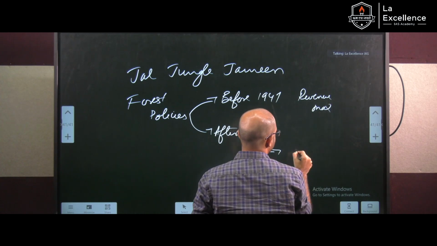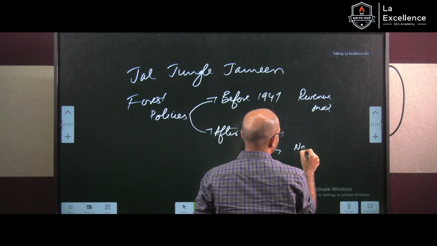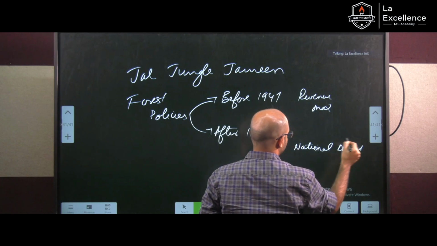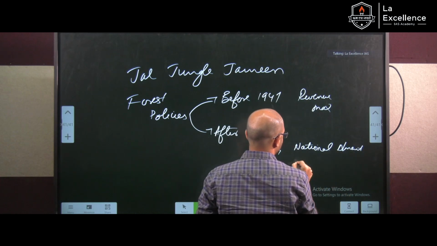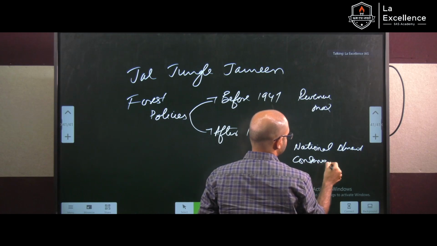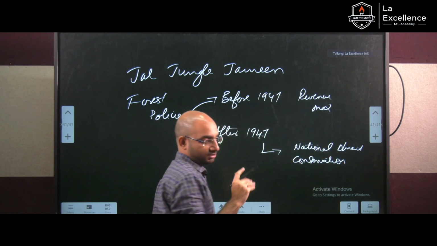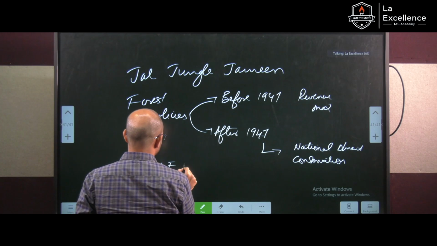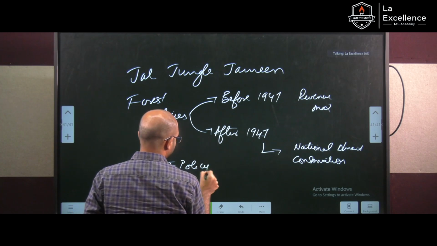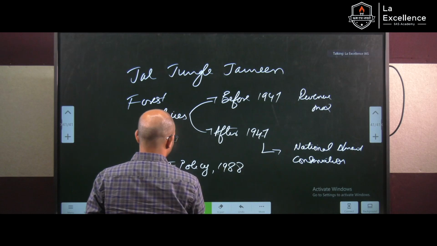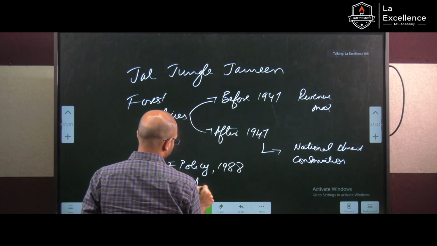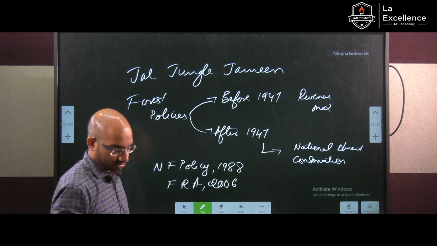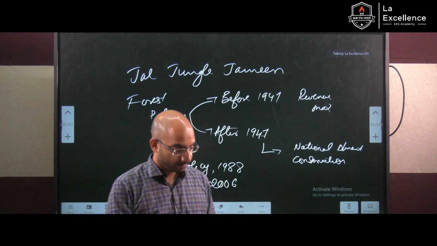Later on, forests were seen in terms of first serving national development needs, and second, forest was also seen as a mechanism for forest conservation started, and tribals were adversely affected in both these periods. And with the passage of National Forest Policy 1988, for the first time, Government of India recognized tribal rights in forest areas, and these rights were given recognition through the Forest Rights Act 2006. Conclude with that discussion.